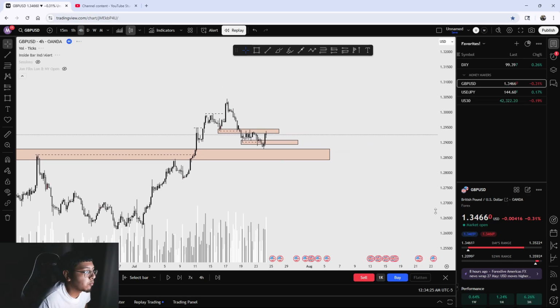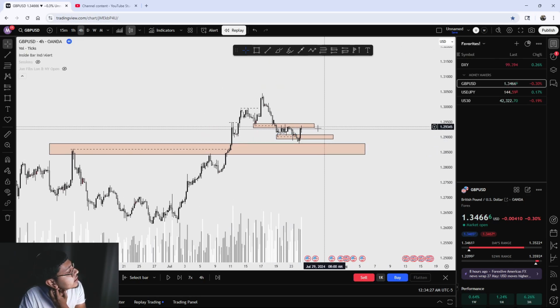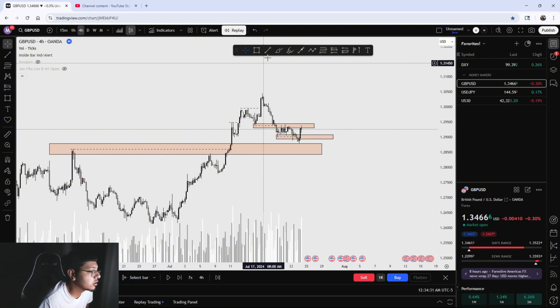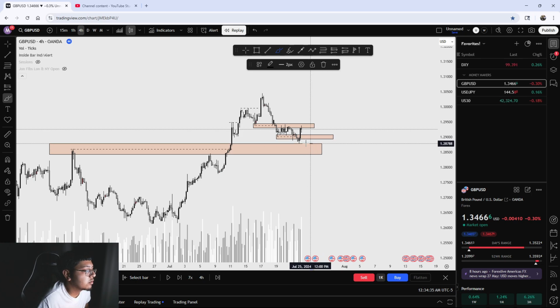So we get a pullback into the zone, the support zone, after the break of structure, the swing structure break. So what I want to do is I actually want to see if I can get potential buys in this area.